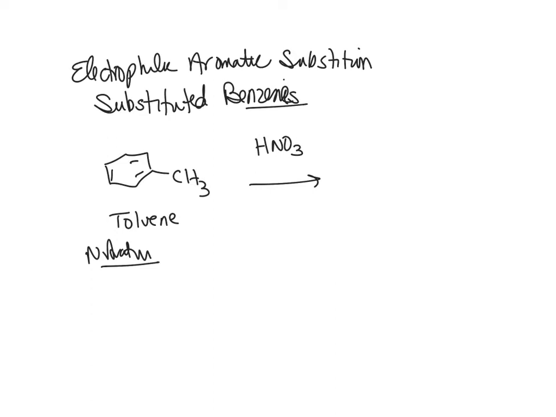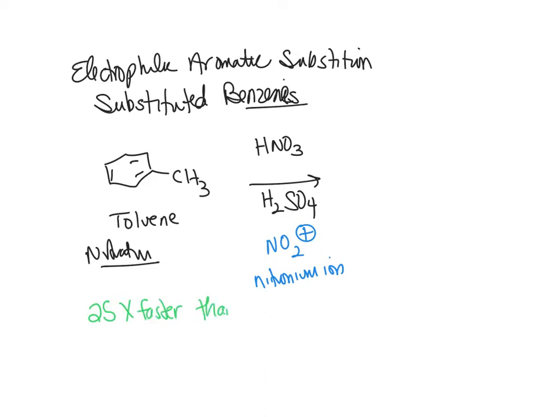Nitric acid and sulfuric acid, and that makes your strong electrophile NO2 positive, the nitronium ion. And so how does this react differently than benzene? Well, toluene is 25 times faster than benzene.